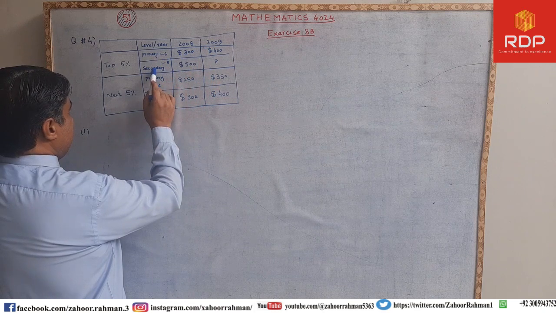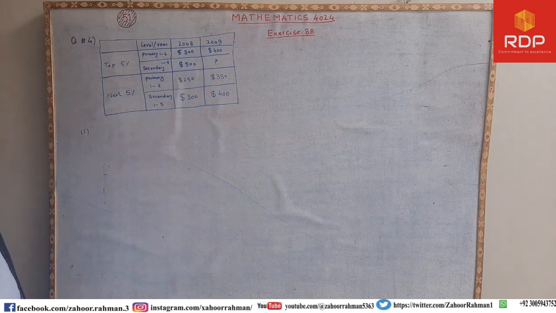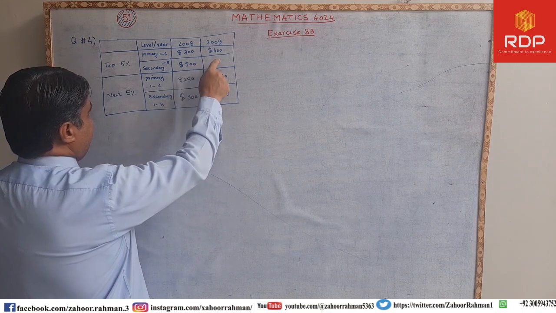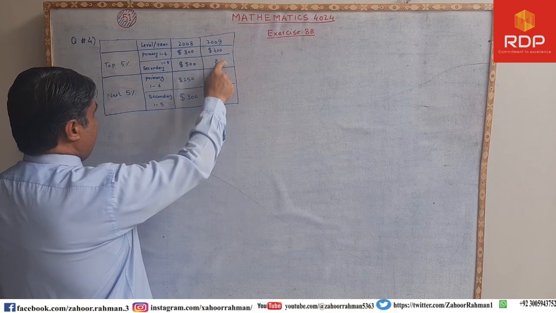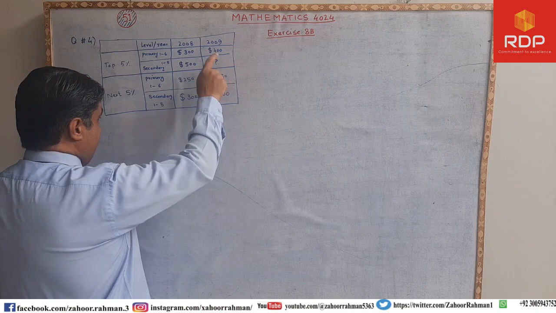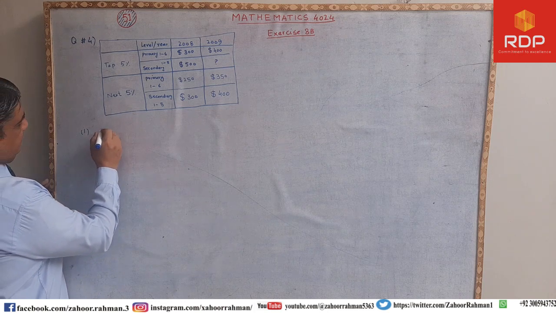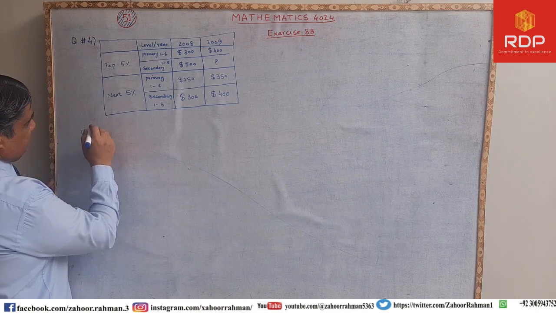Similarly, for secondary, they are saying that in 2008 it was 500, and if there is a 30% increase in this 500, then what will be the value in 2009? Remember, ladies and gentlemen, that these are the basic level question.